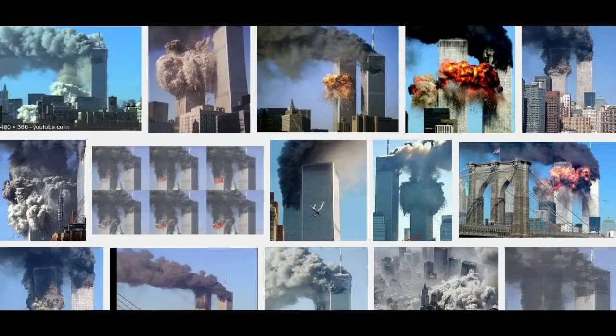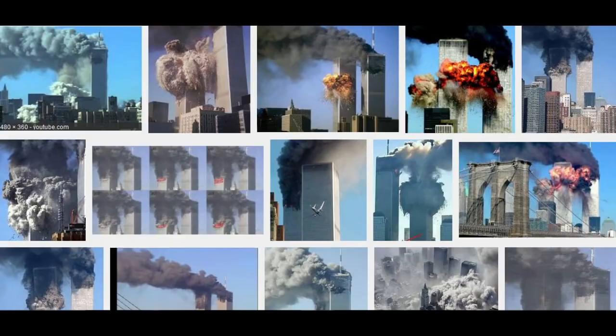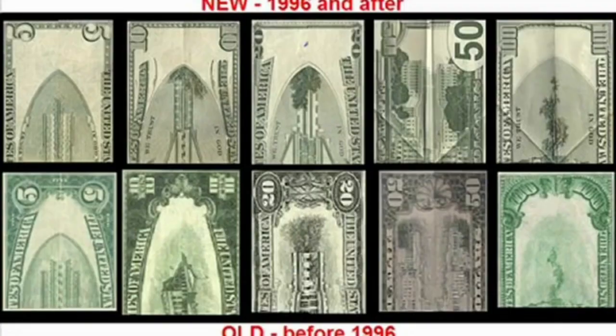Now, some of you have seen this information, and this is actually what this video is not about. But for anyone with any logical or common sense, they can see that this imagery is about the Twin Towers falling. As you look at it closer, it's all different stages of the Twin Towers that fell on 9/11.